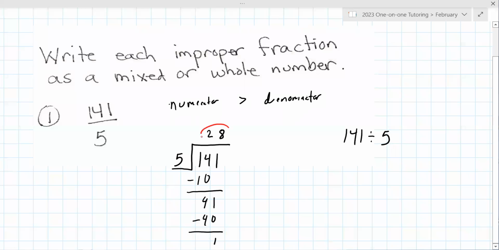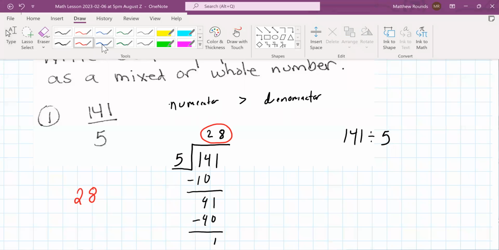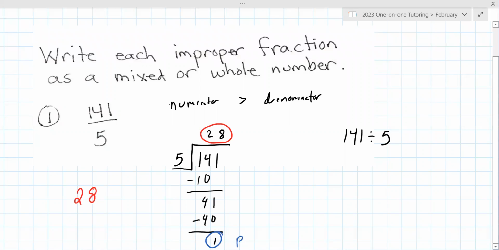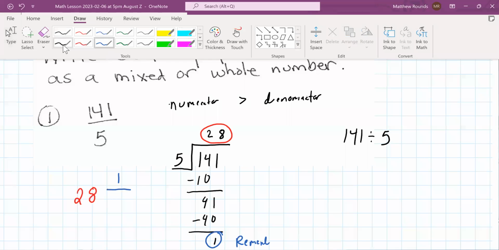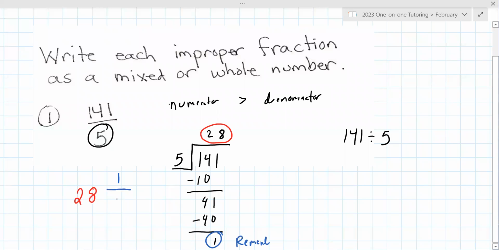So this number on top is the first part of the mixed number. That's the whole number part. The remainder down here is going to be 1 over, and then you grab this 5 and put it on the bottom here.